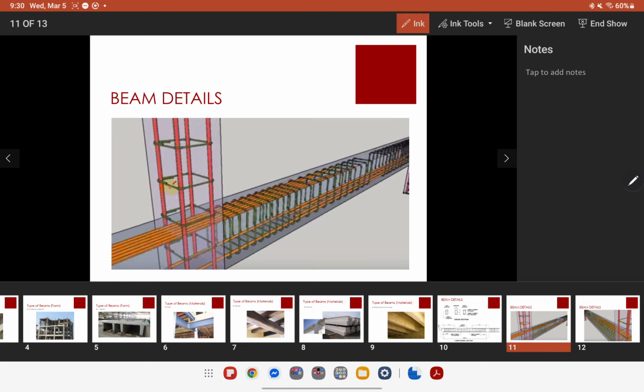There's 1, 2, 3, and then 2 more at the bottom, like that. There's 5. And then at the middle, it has 2, so we'll just continue the 2.